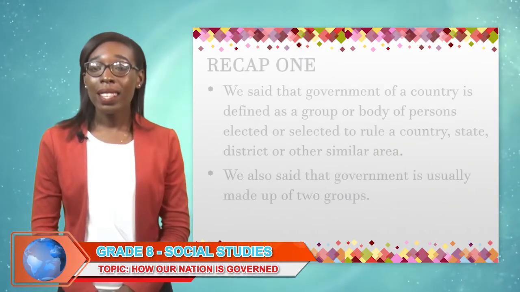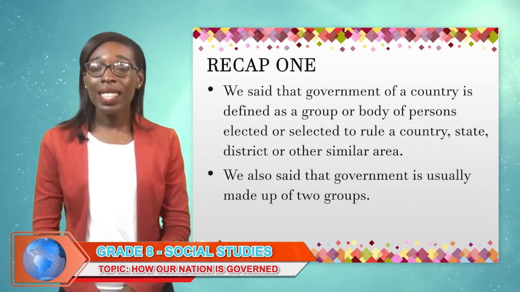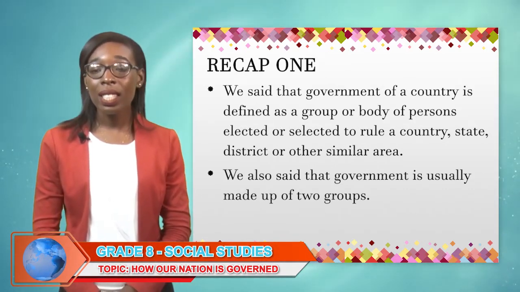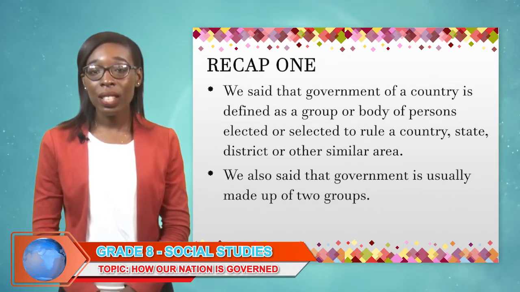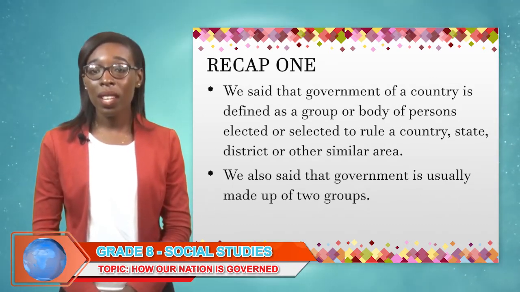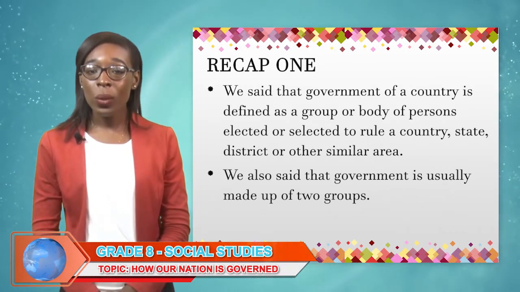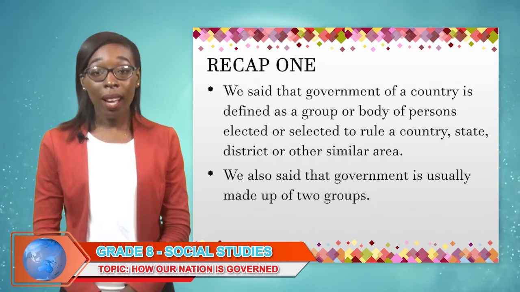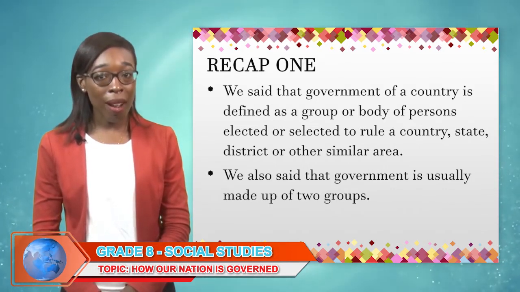We said that government of a country is defined as a group or body of persons elected or selected to rule a country, state, district, or other similar area. We also said that government is usually made up of two groups. Can you remember what those two groups are?